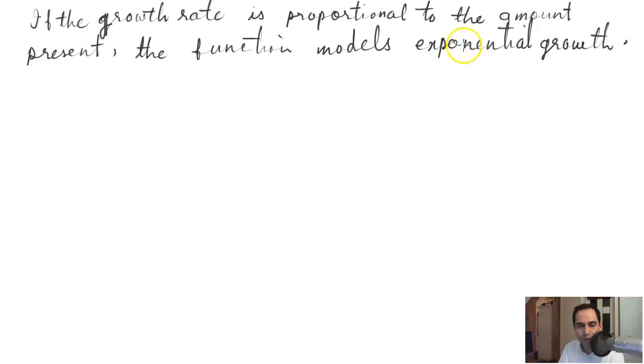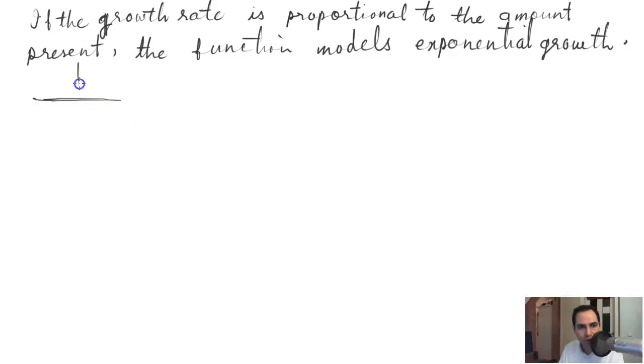What that means is that you have a function. Let's say the number of trees is exponentially growing on a field. They're planting trees based on some exponential model, and the number of trees is growing.